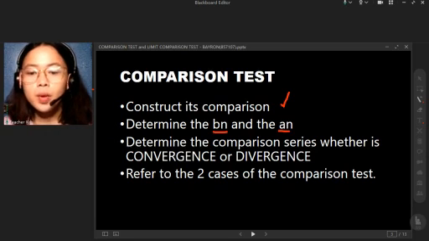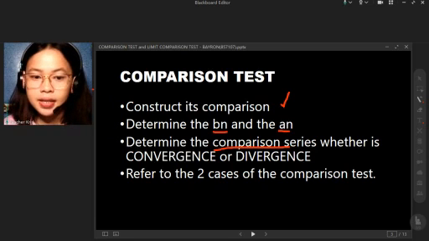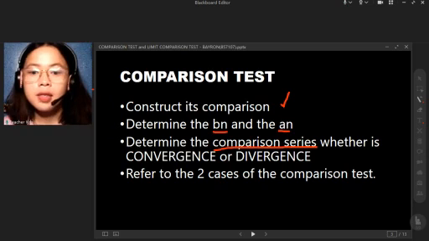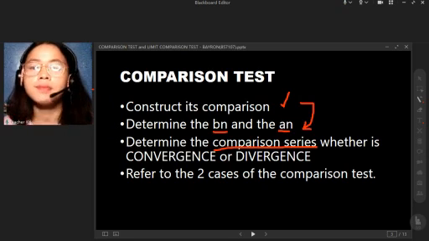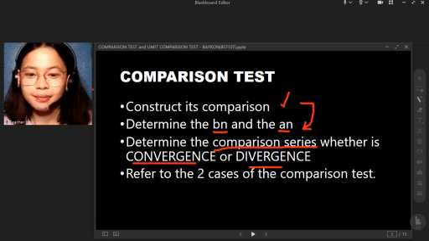Also, we are going to determine whether the comparison series, the one that we've constructed a while ago, is convergent or divergent.